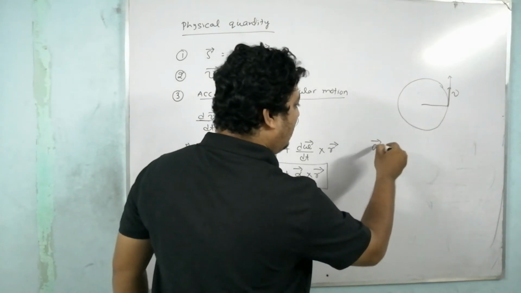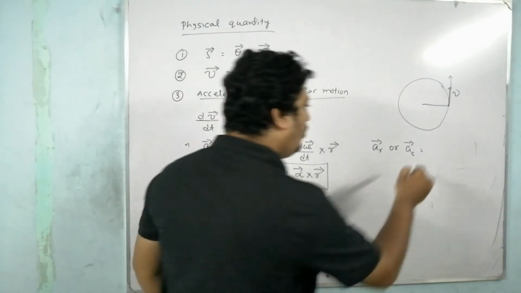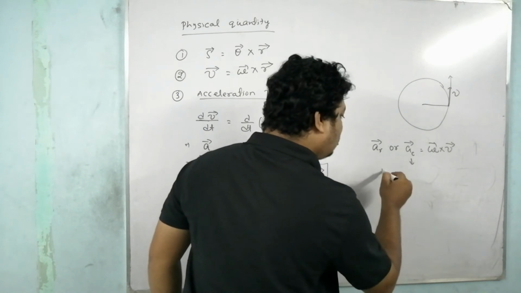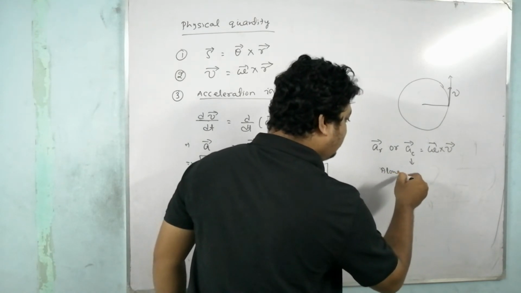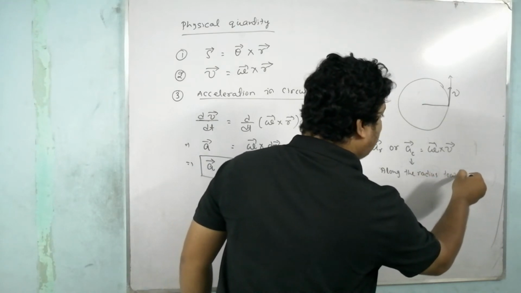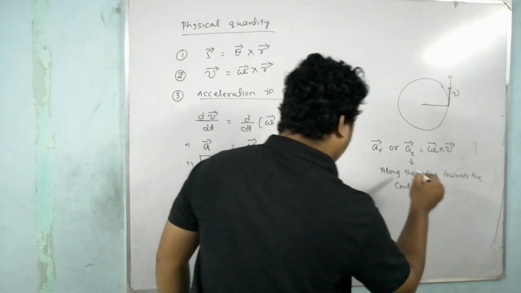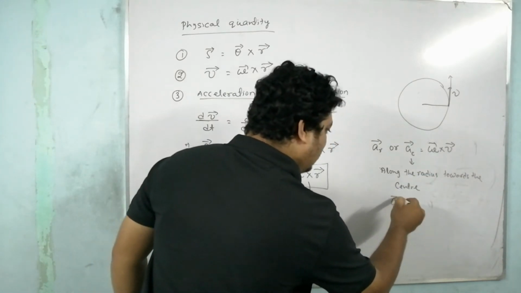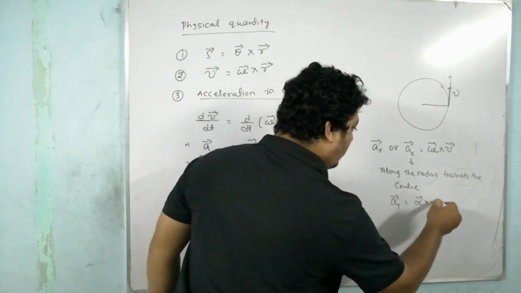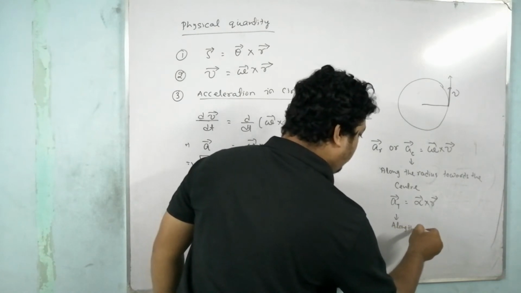So we can write A radial or A centripetal equal to omega cross V. It is always along the radius towards the center. The other term AT, that is called tangential acceleration, is equal to alpha cross R. It is always along the tangent.